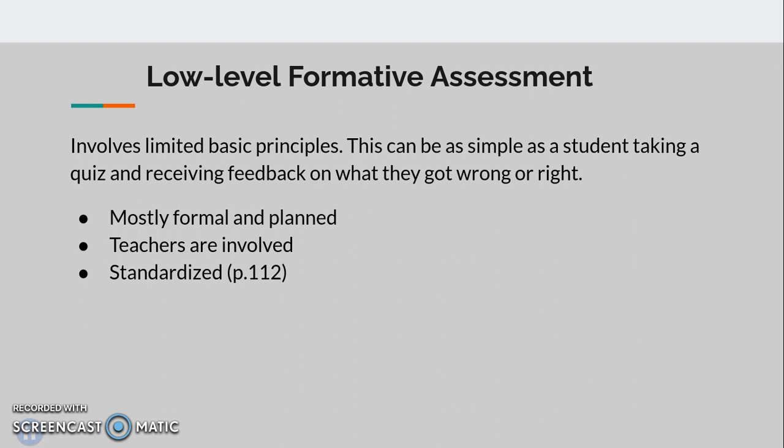So, low-level formative assessments do not affect students' final grades. I wouldn't say as much, but it doesn't really factor into their final grade. This is just to see what a student needs more in learning, but this also allows us teachers to know where a student is at in their learning skills.